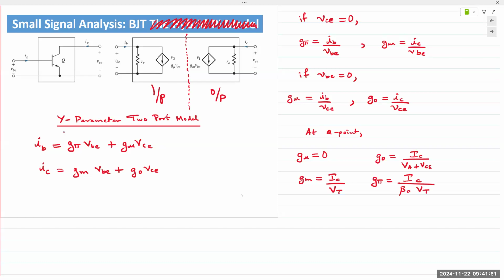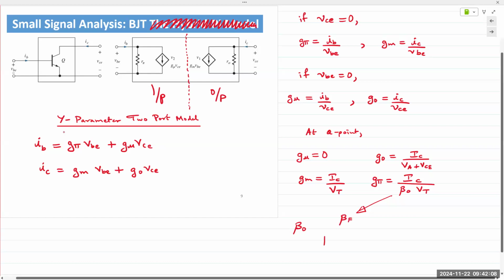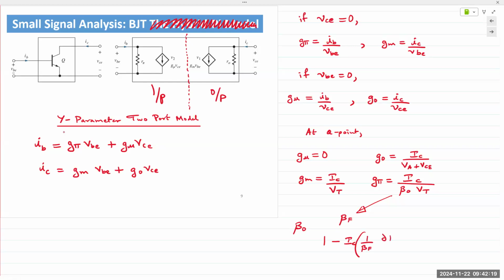And beta O can be written as beta F times 1 minus IC times 1 over beta F, partial derivative of beta F with respect to IC at the Q point.